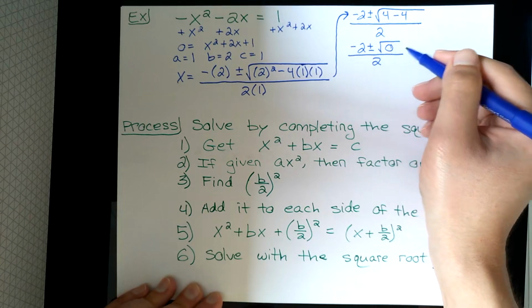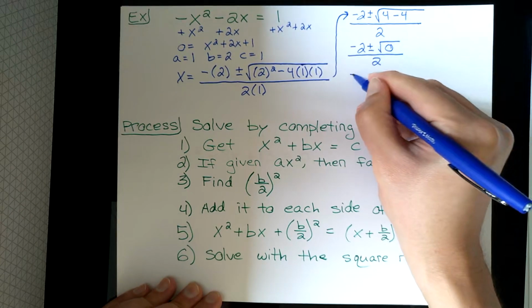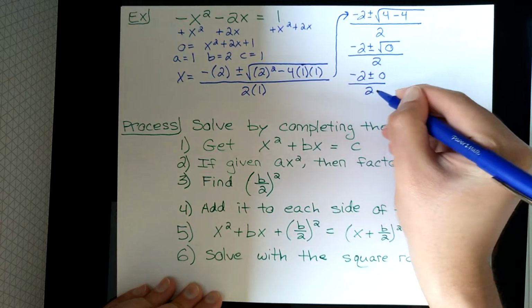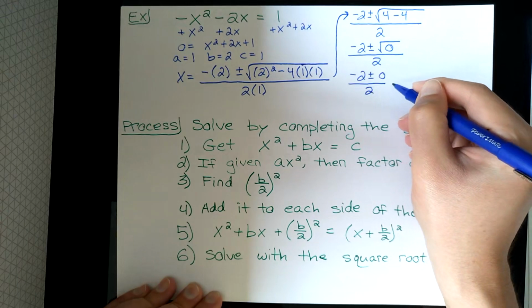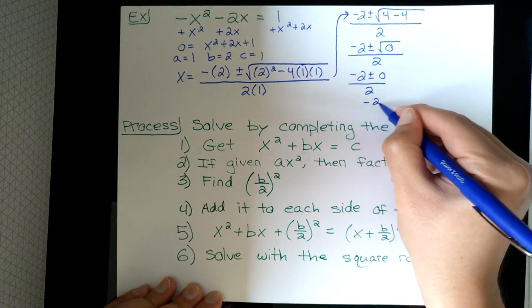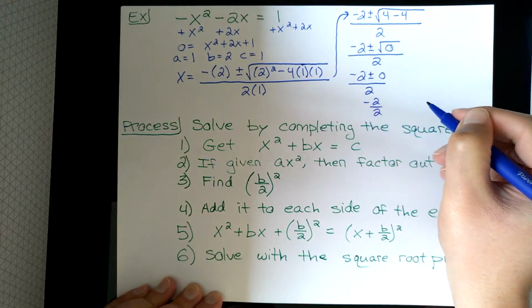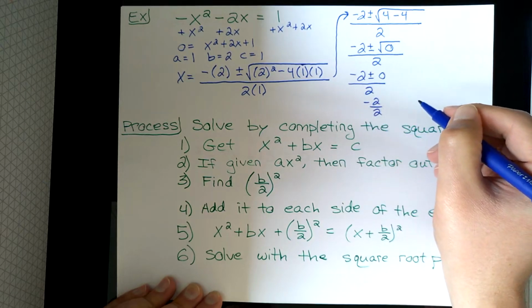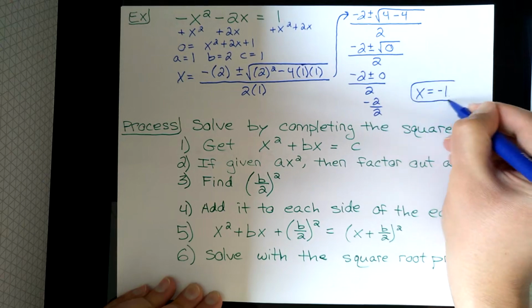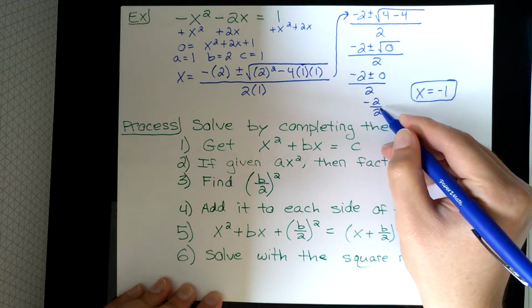0 times itself is 0. So we get negative 2 plus or minus 0 over 2, which simplifies to just negative 2 over 2, meaning x is equal to just negative 1.